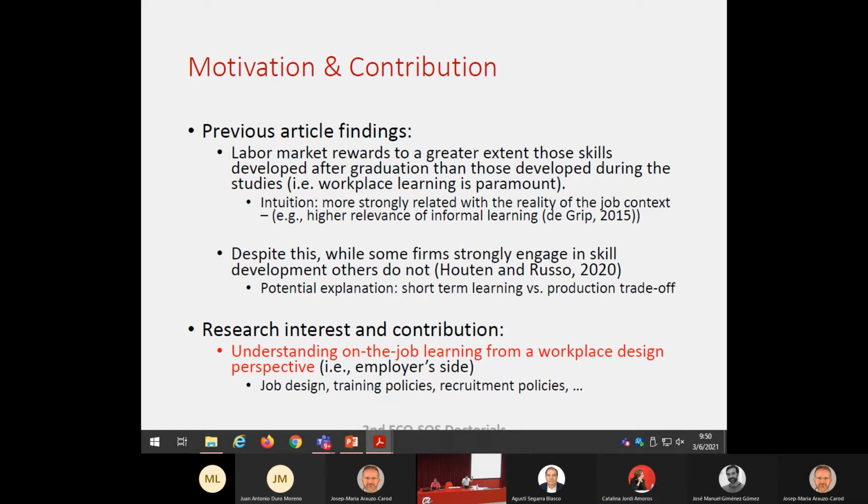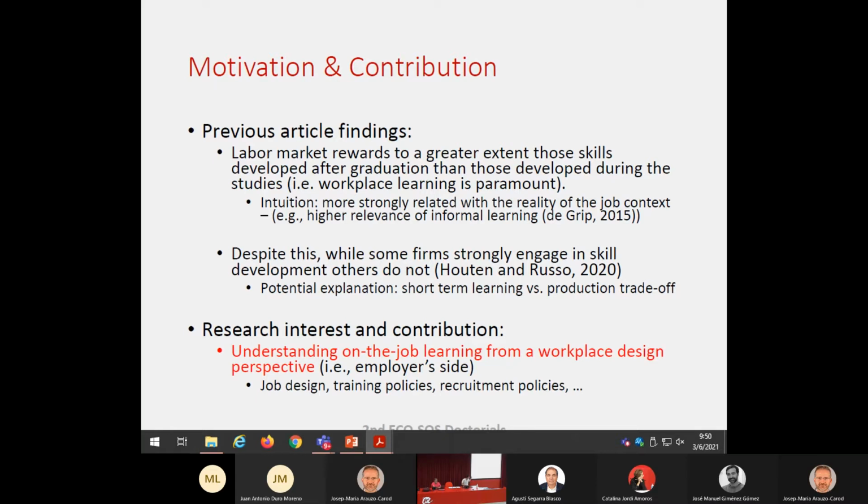In this line, there is increasing recent evidence pointing to the importance of informal learning, of what you do in the workplace context, rather than training or other more formal mechanisms of learning. Despite the relevance of workplace learning, while some firms engage in skill development in their organizations, others don't.